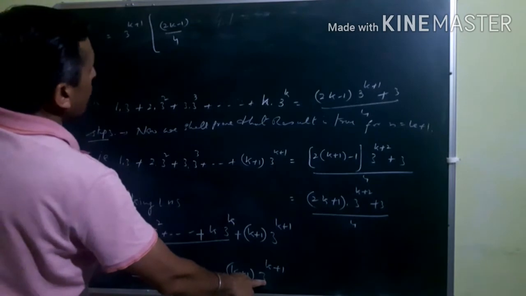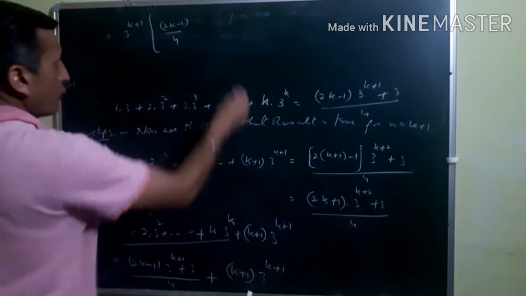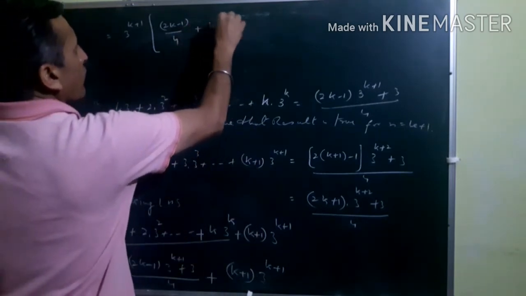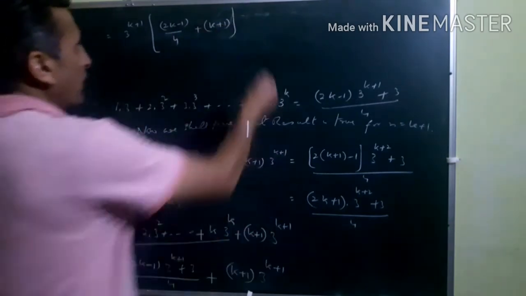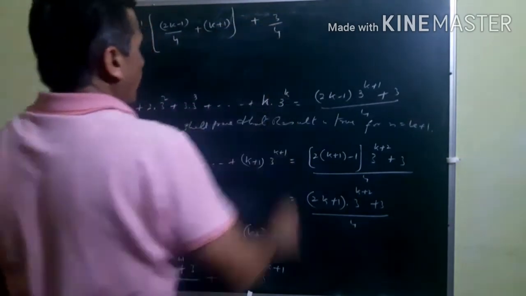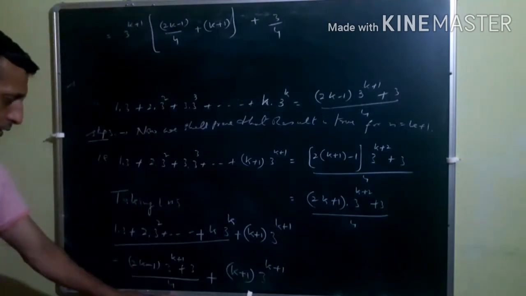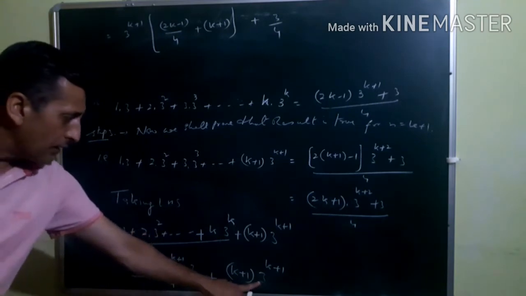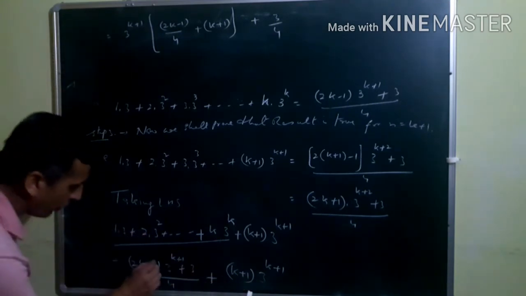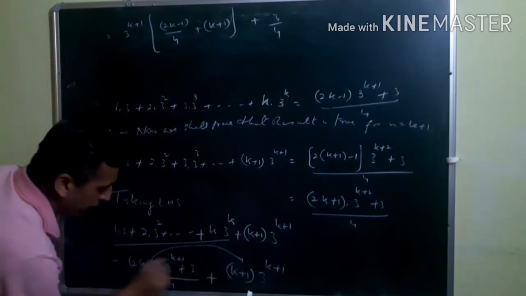If we take 3 to the power k plus 1 as common, then from the other term it is k plus 1, and the last term, 3 by 4, will be the same. I have taken 3 to the power k plus 1 as common from this and this term only, mind it.